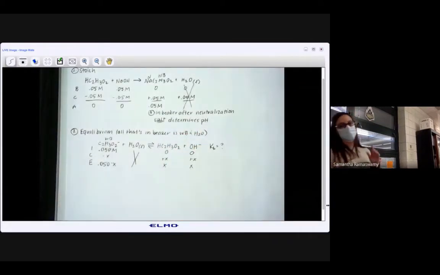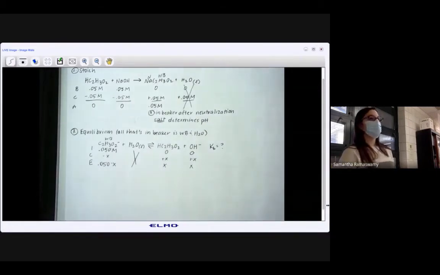But here's where we have to be careful. Because when I plug this in, this is Kb. Well, if you try to find Kb for acetate in Appendix D, you're not going to find it. But remember that acetate is the conjugate base of acetic acid.